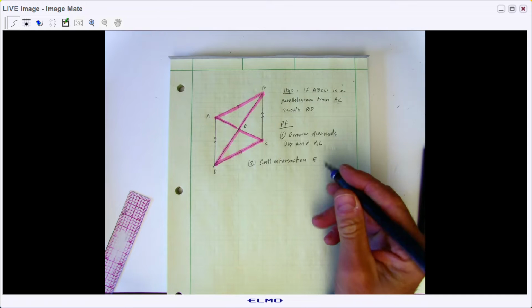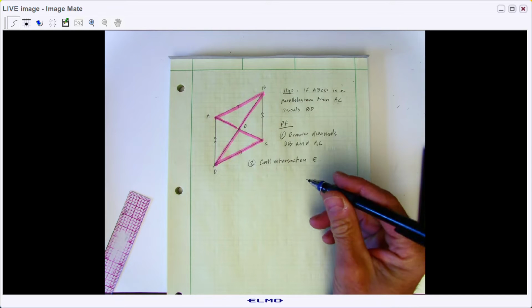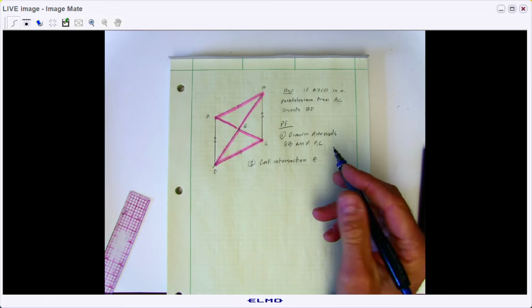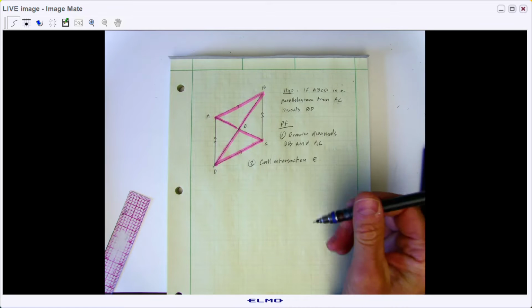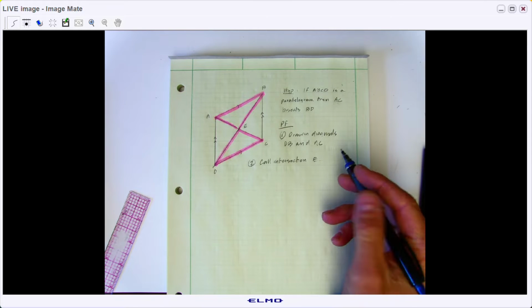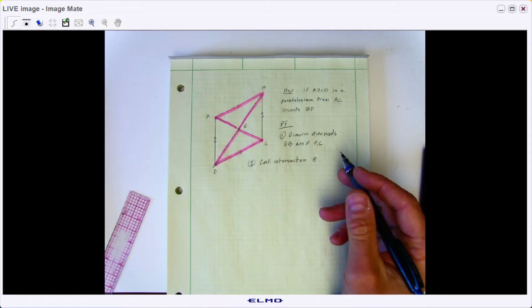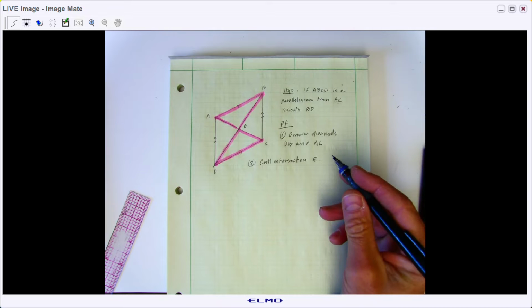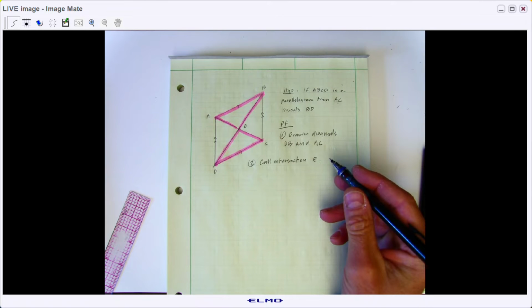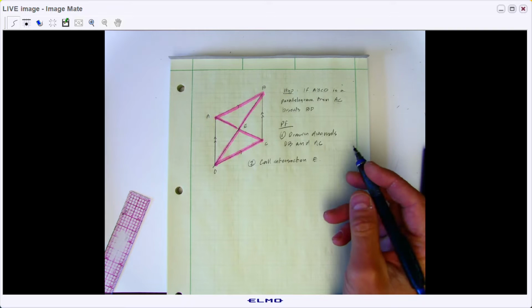At first glance, it seems like this is a tough order, because we don't have any sides of the same length. So probably what we're going to have to do is identify a subgoal to prove that some sides are of the same length. So how would we do that?